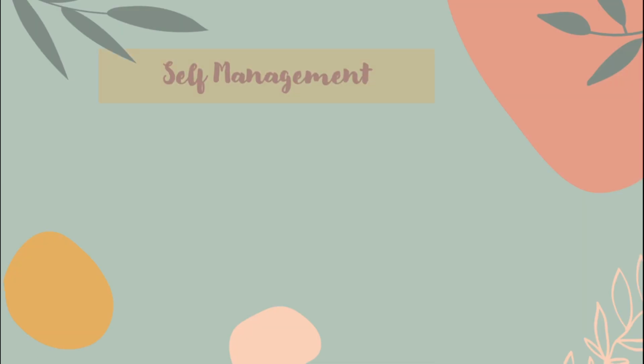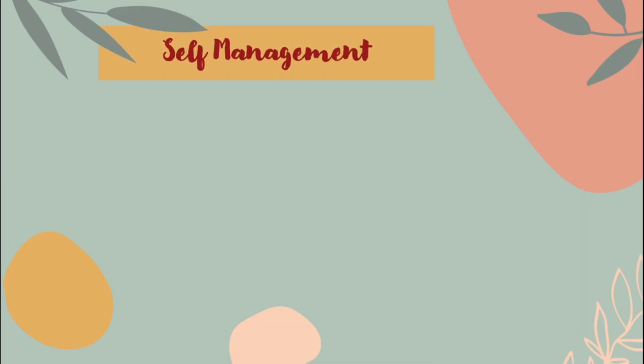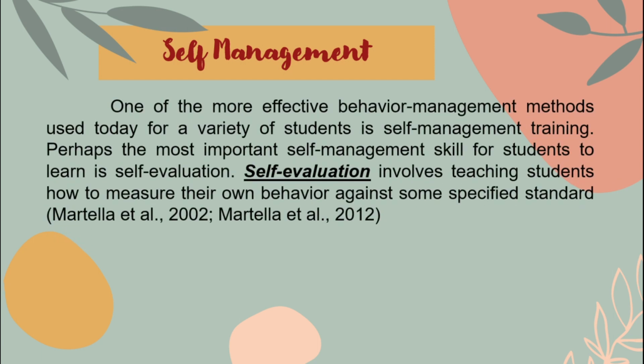Another approach to behavior management is self-management. One of the more effective behavior management methods used today for a variety of students is self-management training. Perhaps the most important self-management skill for students to learn is self-evaluation. Self-evaluation involves teaching students how to measure their own behavior against some specified standards.